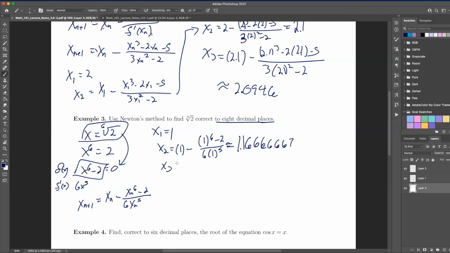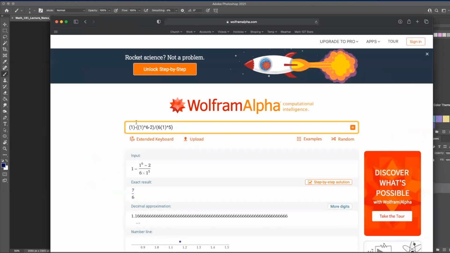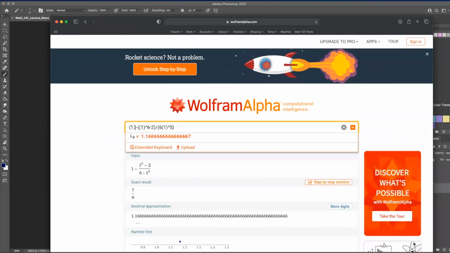So I'll type this into this. Now we use this approximation to find the next one. Here I have 1.16666, 1, 2, 3, 4, 5, 6, and a 7.